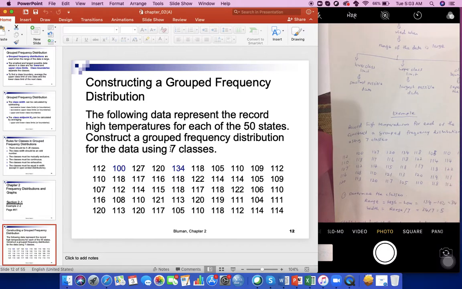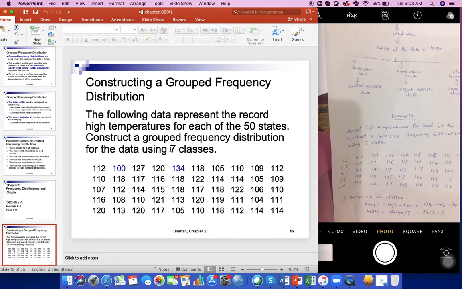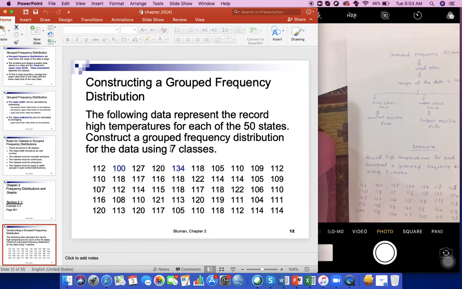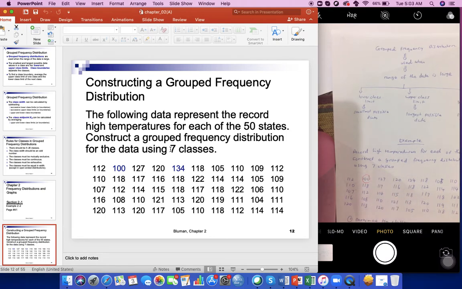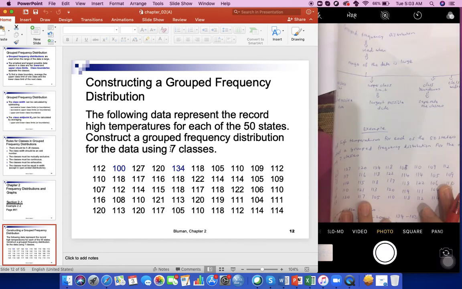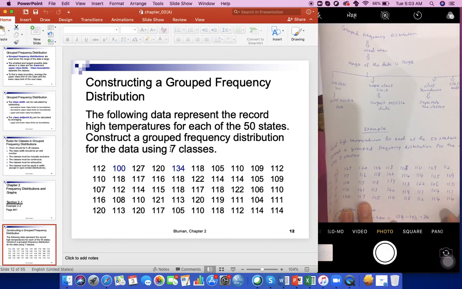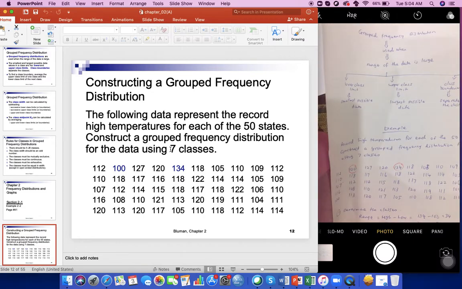The first step is you need to find the lowest and highest temperature. When you look at the data, you can see that 100 is the lowest temperature, and 134 is the highest temperature recorded.